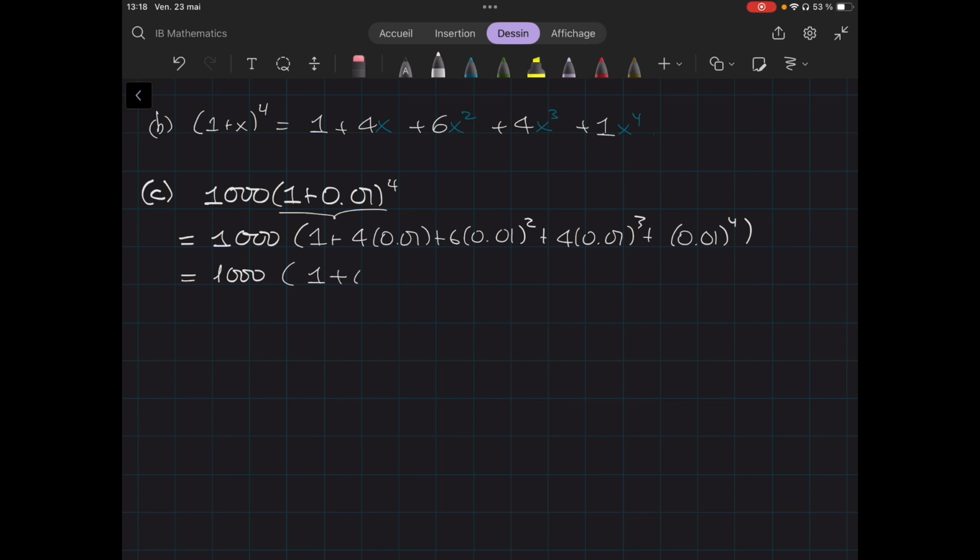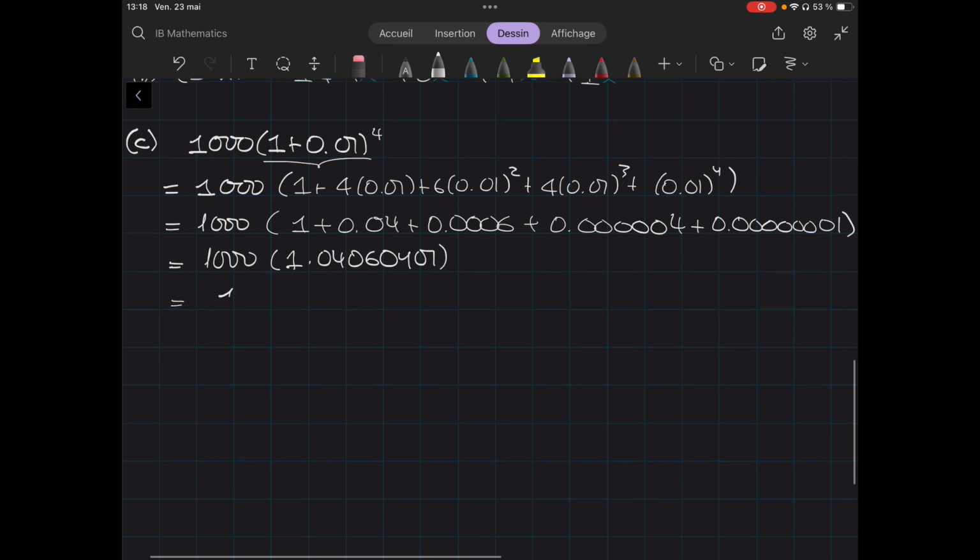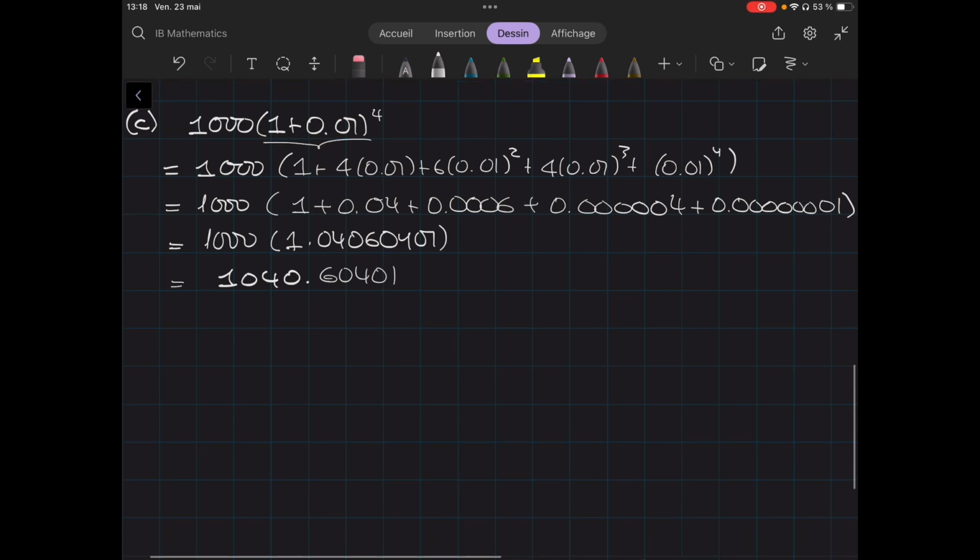Simplifying this expression is a little tricky because there are too many zeros. And that will give you this number. Since we're asked to round our final answer to the nearest dinar, your final answer should be 1,041 dinars.